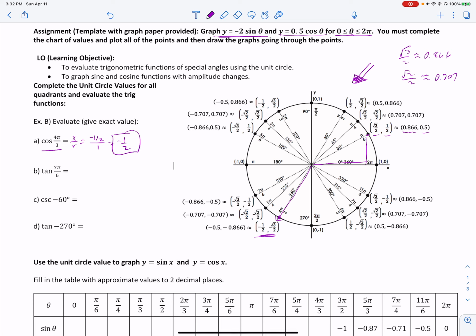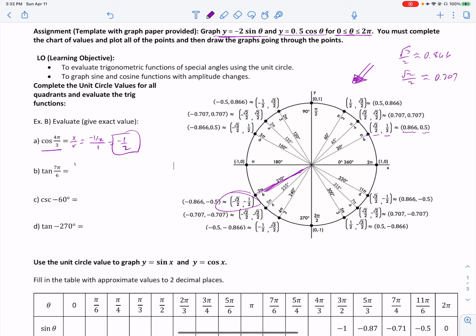And then for the next one, tangent of 7 pi 6, we want to go where we hit 7 pi 6, which is 210 degrees. So we're looking at having our terminal side end here, and it hits the unit circle at the ordered pair -√3/2, -1/2.